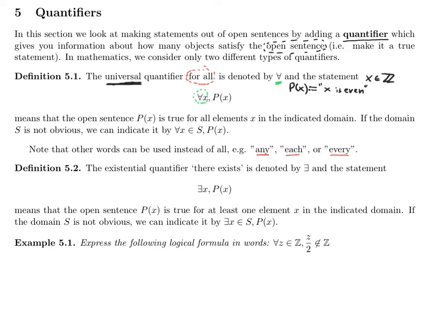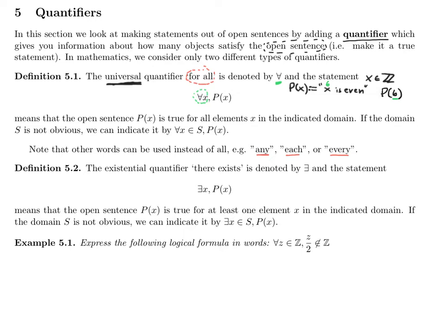So we know even integers, so if x was 0 or 2 or 4 or 6 or 8 or -2 or -4 or -6 or -8, then p of x would be true. If you had p of 6, it would be 6 is even, a true statement.